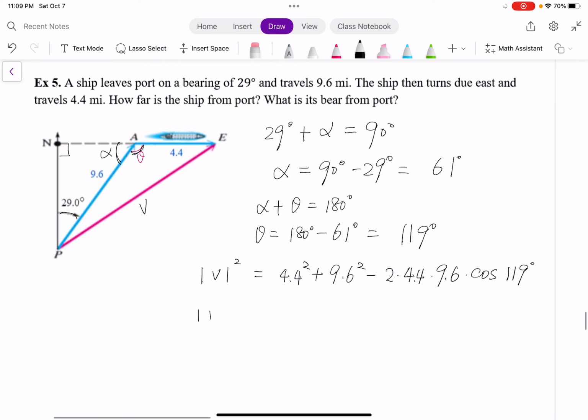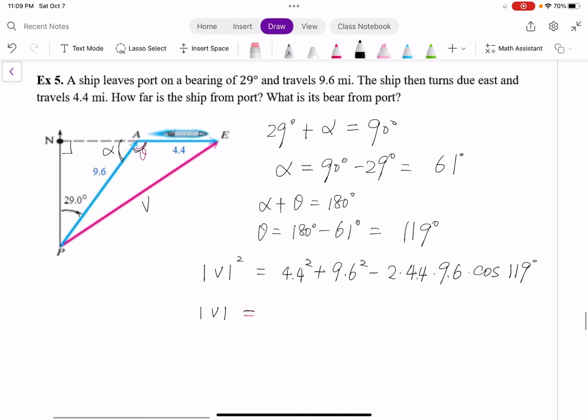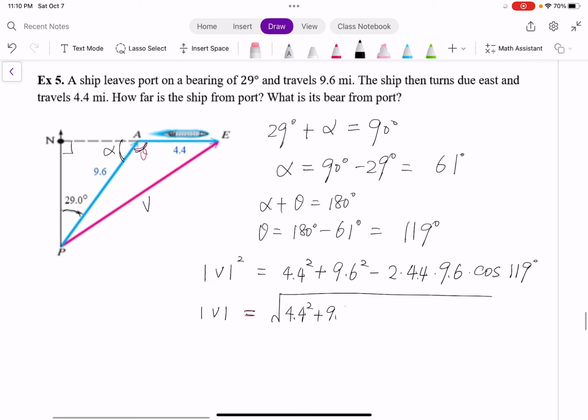And the magnitude of v equals the square root of everything. So I copy again: 4.4 squared plus 9.6 squared minus 2 times 4.4 times 9.6 times cosine 119 degree.